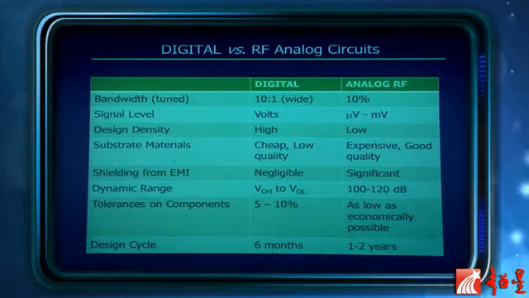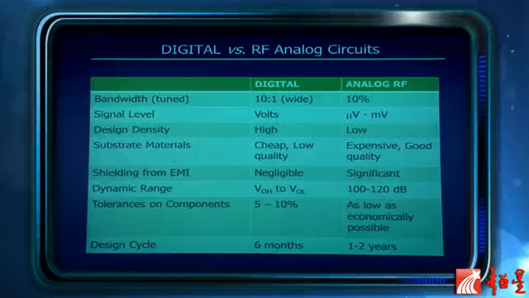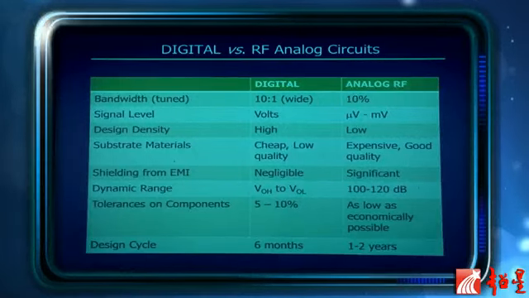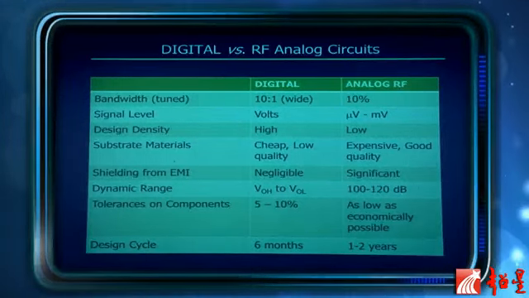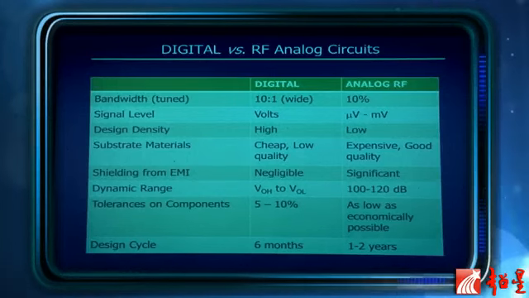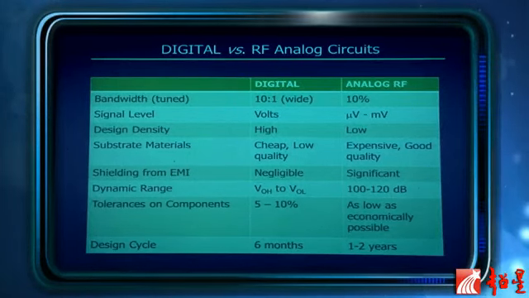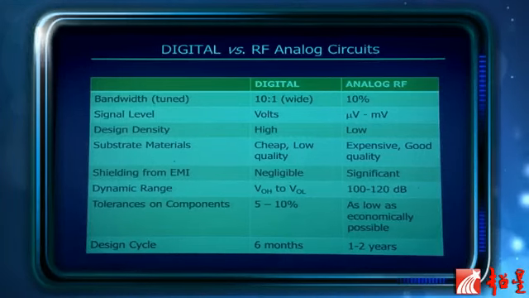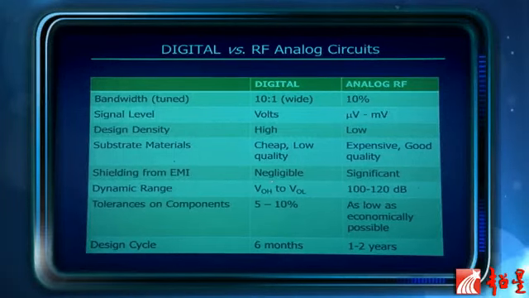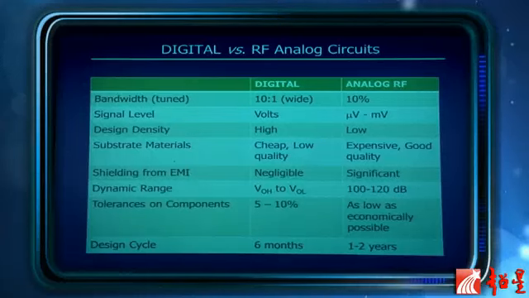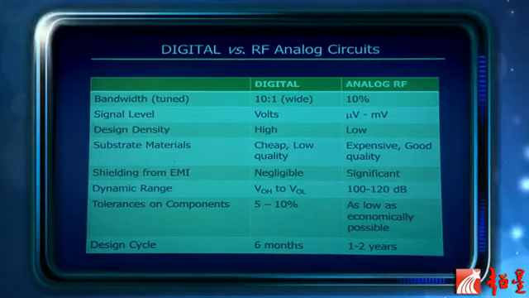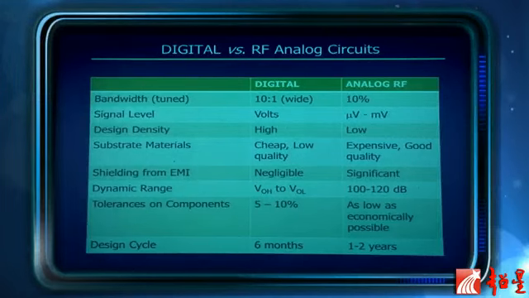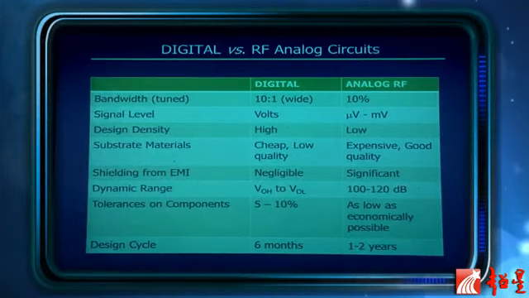And about shielding, you can shield the RF circuit well because it's a small circuit, it's isolated, but you cannot shield digital circuit. The digital circuit is everywhere. So you have to make sure your digital circuit is designed to be immune, or able to resist noises without much shielding.